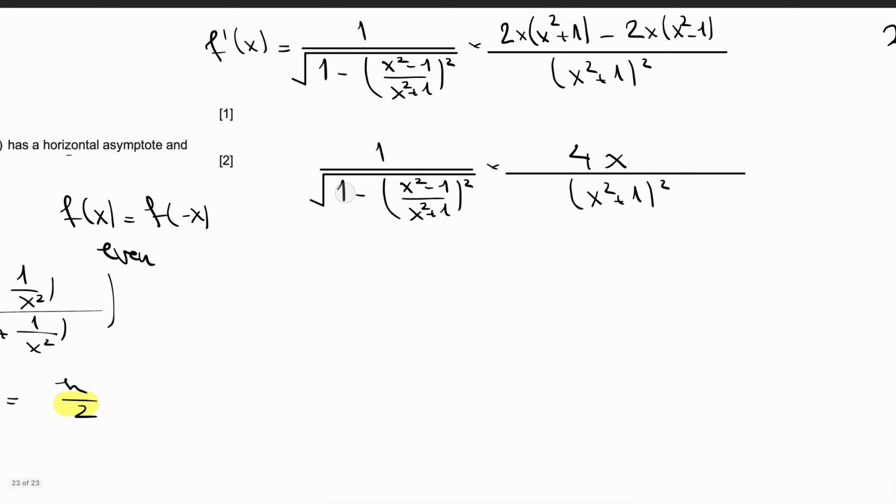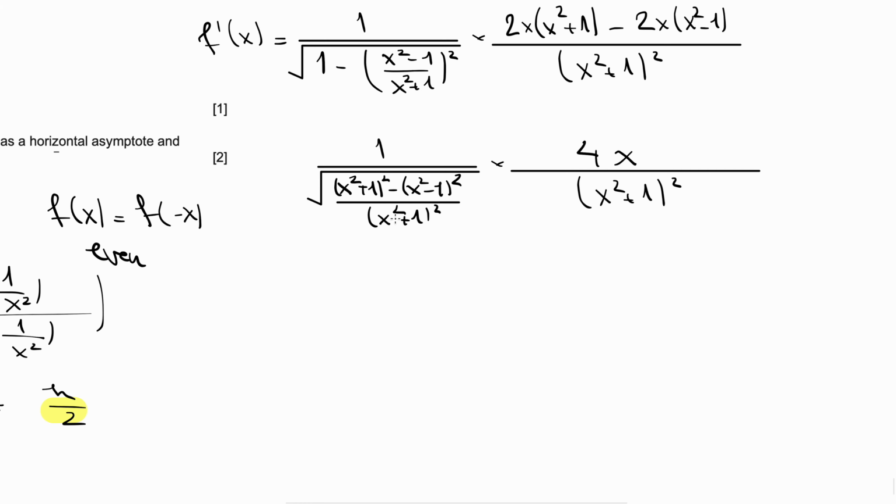And then I'll use a common denominator here. So this is going to be x squared plus 1 squared minus x squared minus 1 squared over x squared plus 1 squared, right? And so I'm going to shift this x squared plus 1 squared from the denominator of this fraction to the numerator of the main fraction.